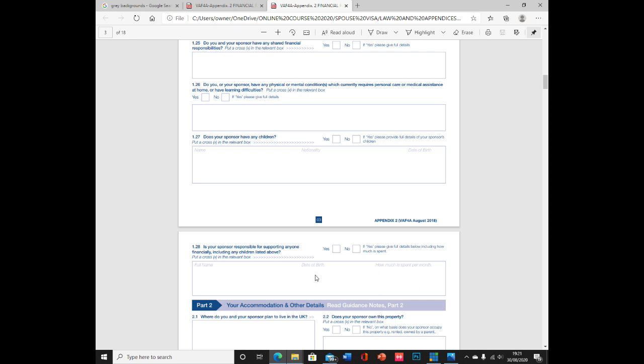But you must make sure that £18,600 is available just for the applicant. If they are responsible for other people, other children, other people who are not British, they must have a financial arrangement separate from those £18,600. Otherwise your application will be refused.